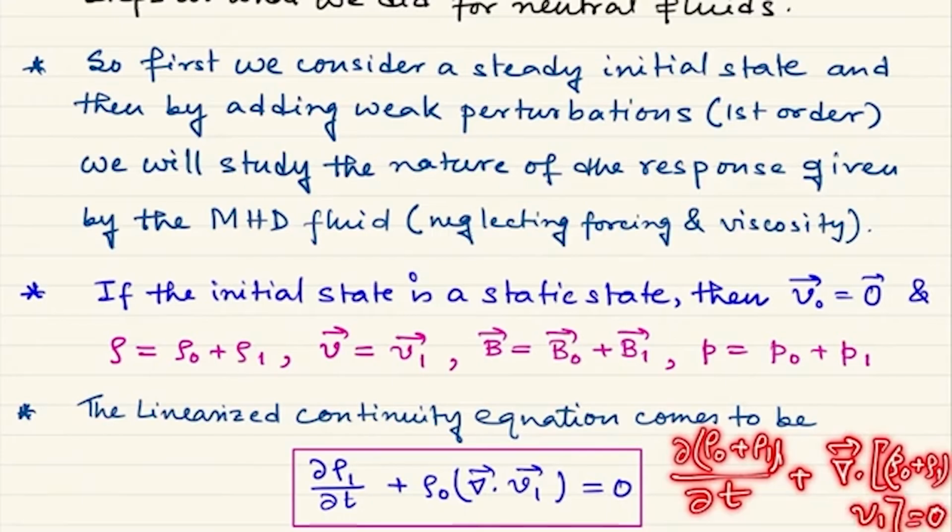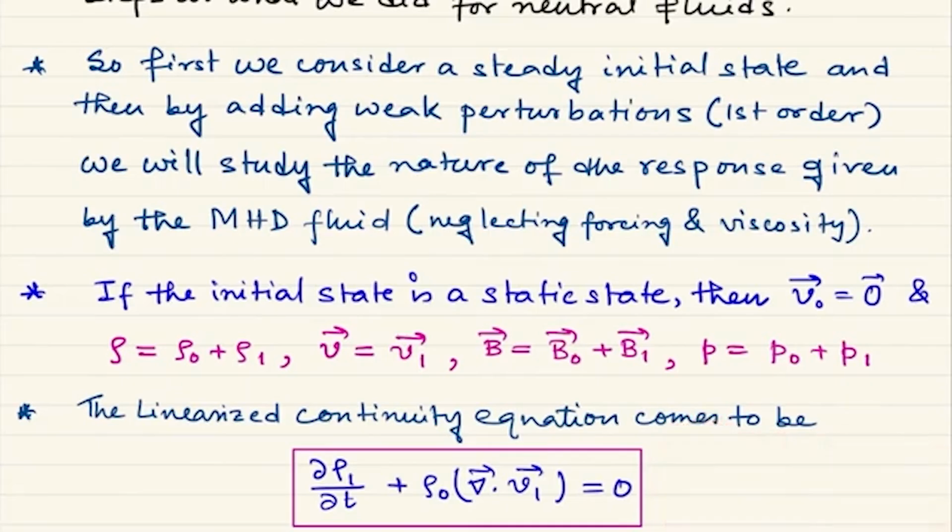Now you see del rho 0 del t and divergence of rho 0 V0 are already 0, because V0 is 0, so the zeroth order term is 0. So we only have del rho 1 del t plus divergence of rho 0 V1. We also neglect rho 1 V1 because of the second order smallness.